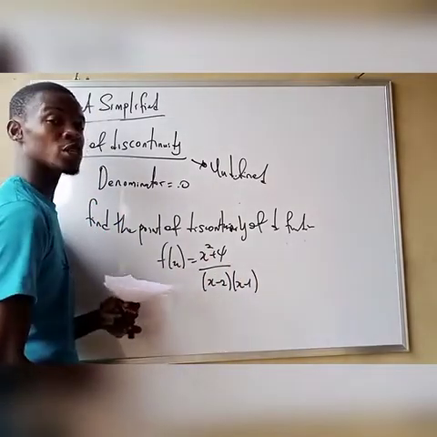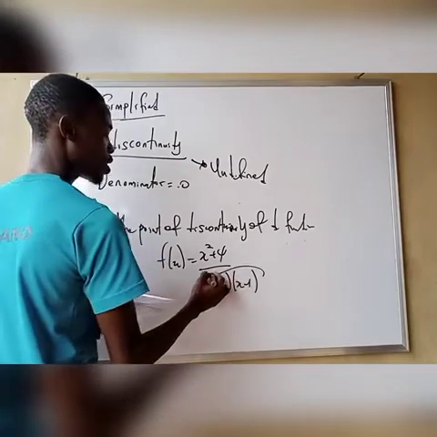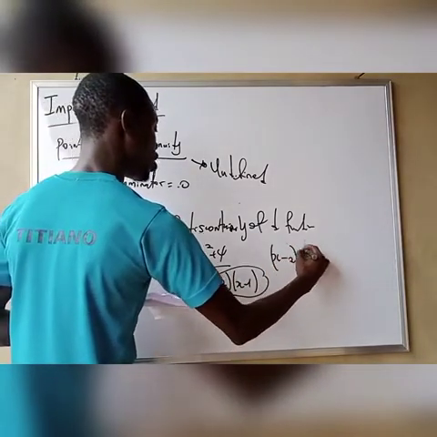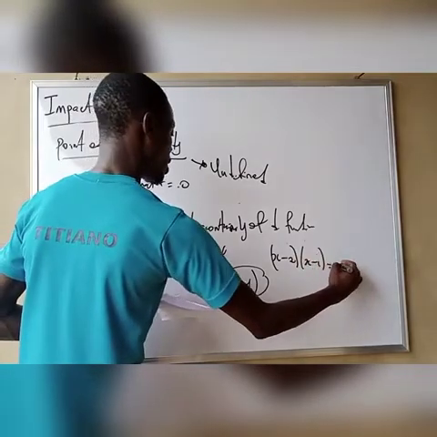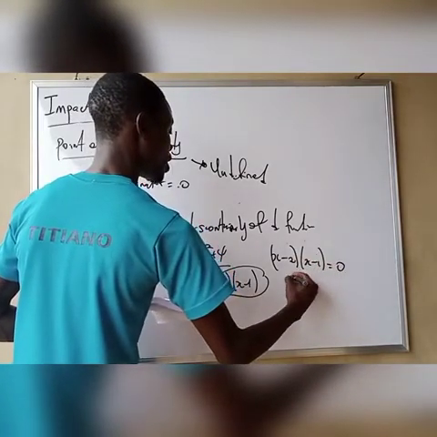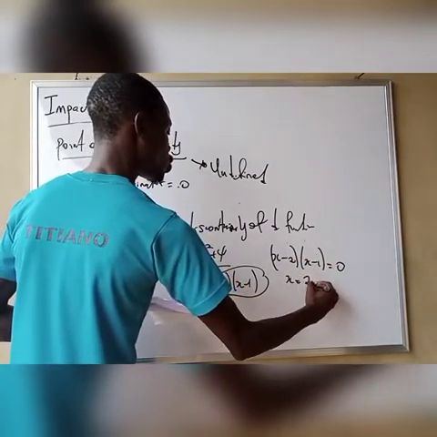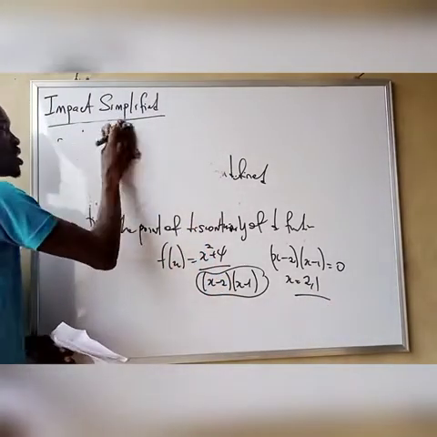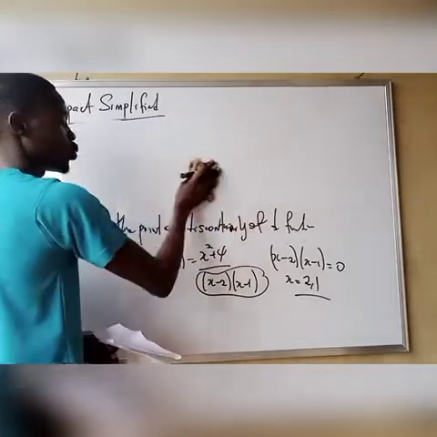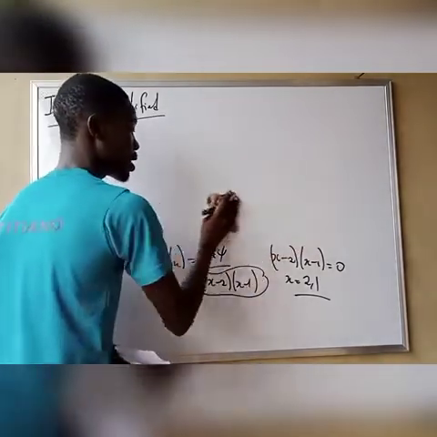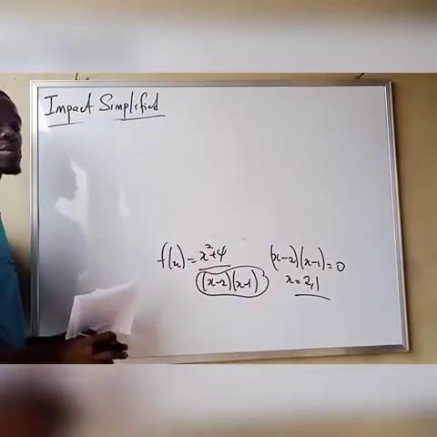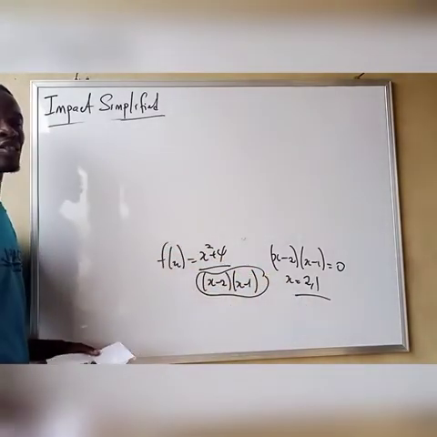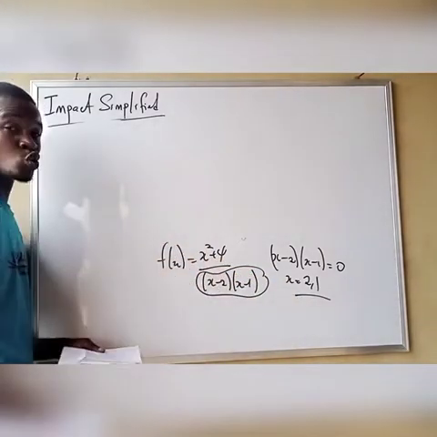So what is the point of discontinuity? The point of discontinuity is the point where you are equating your denominator to 0. And if you equate this to 0, that will give us 2 and 1. That means the points of discontinuity of that function are 1 and 2. That means the function will be real for every other value, excluding when your x is equal to 2 and 1.